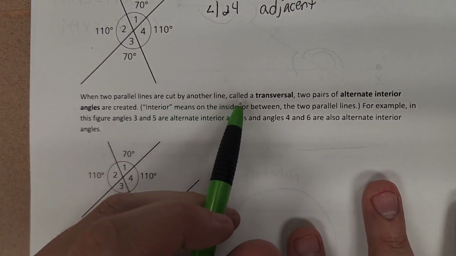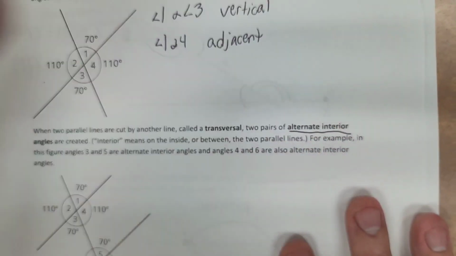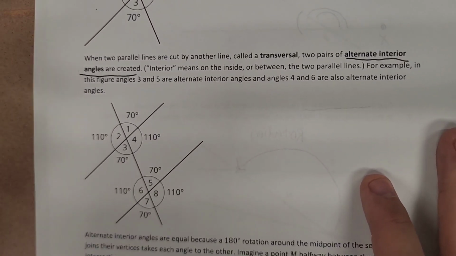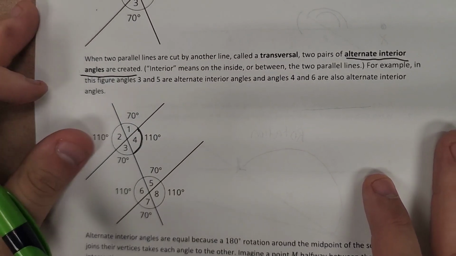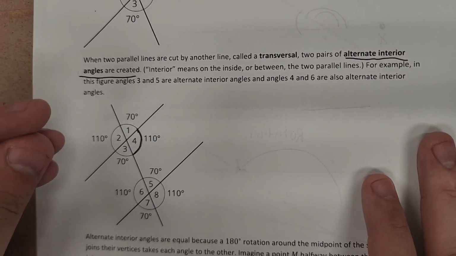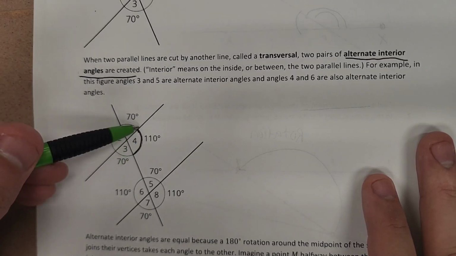Now, when two parallel lines are cut by a transversal, two pairs of alternate interior angles are created. So, let's review. If I'm looking for the alternate interior angle for 4, what does alternate mean? Opposite. What does interior mean? Inside. So what's the alternate interior angle to 4?